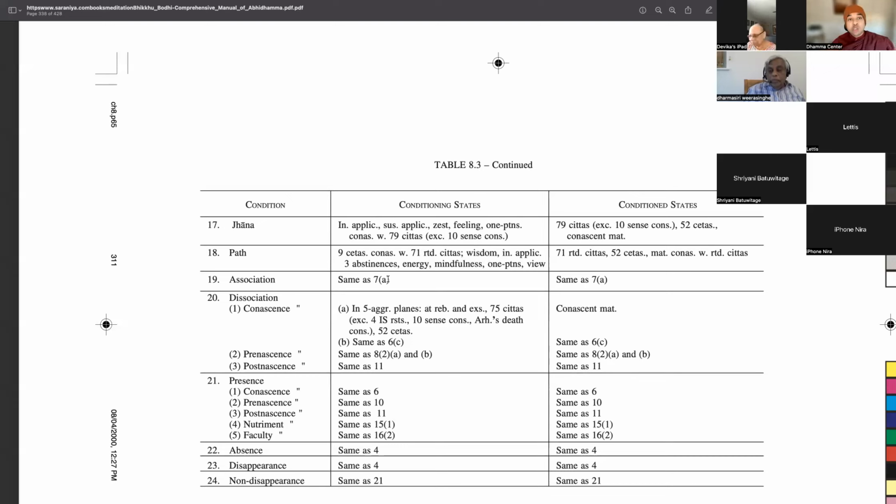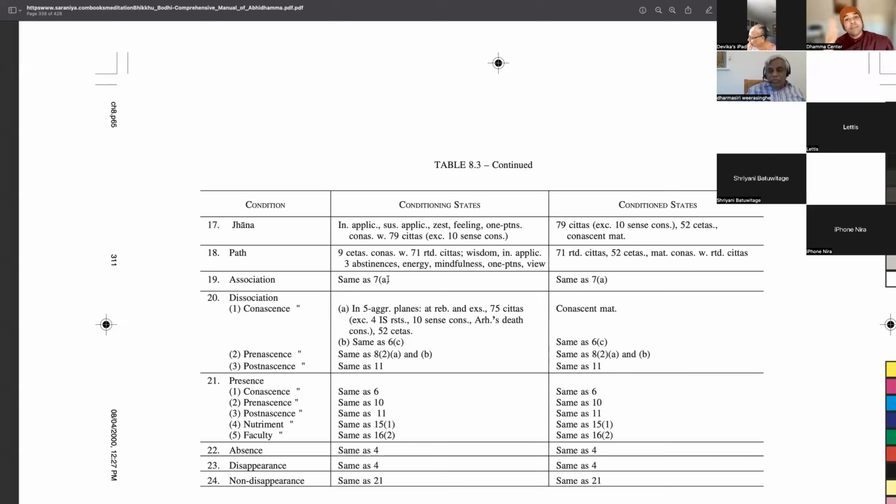Kusalo dhammo: with kusala as the foundation, kusala arises. Likewise akusala: with akusala as the foundation, the conditioned state arising is also akusala.